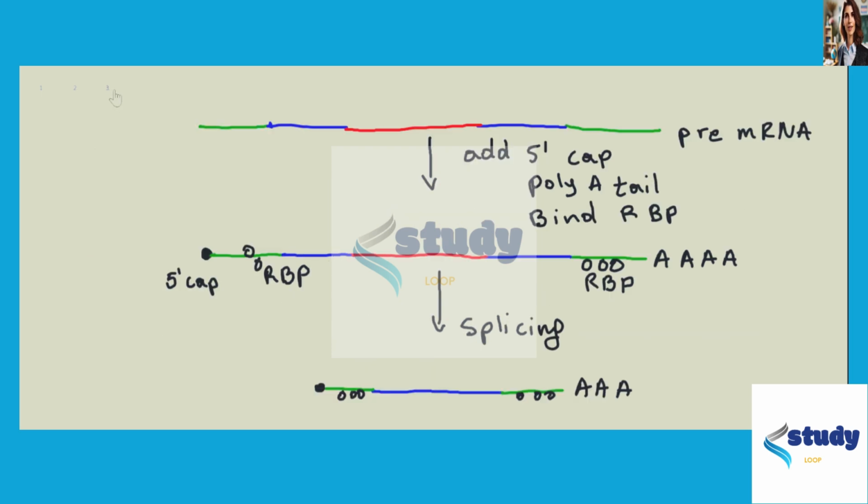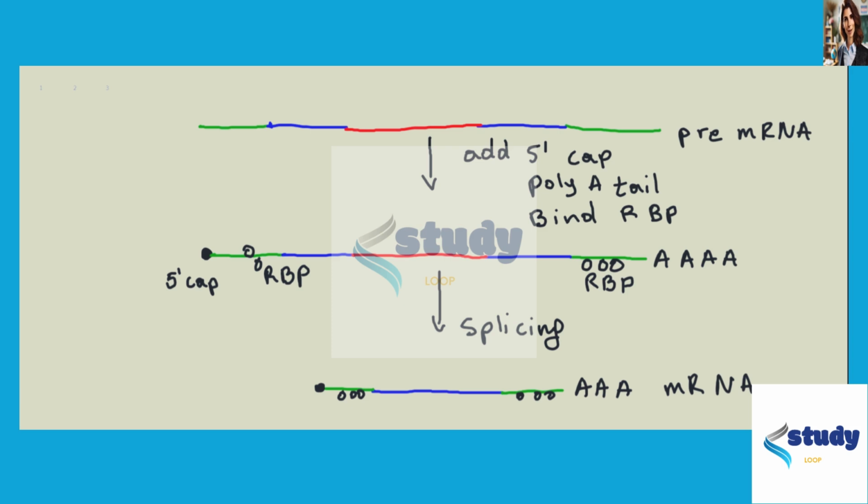Choice A talks about the 5' cap and the poly A tail. So let's look at what that talks about. So down here, I have the mature RNA, and this is a little bit of a more detailed view of the steps between going from pre-mRNA to mRNA.